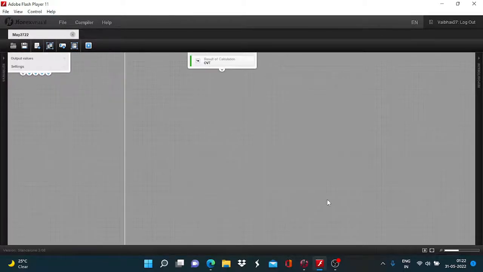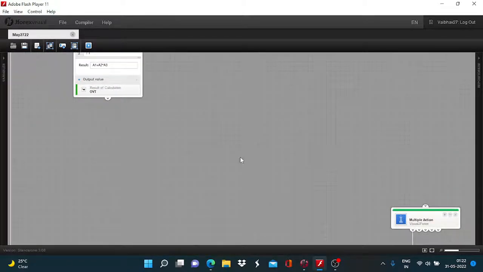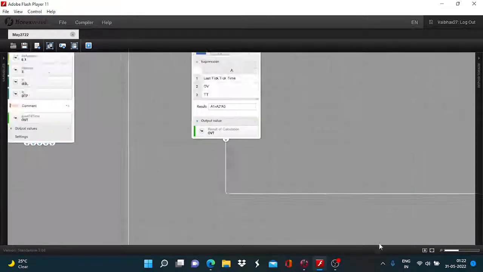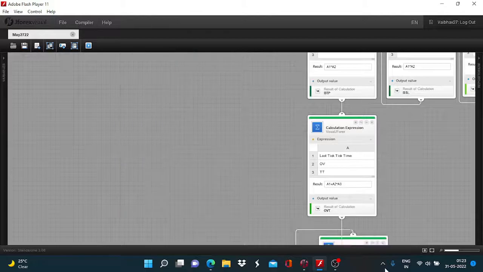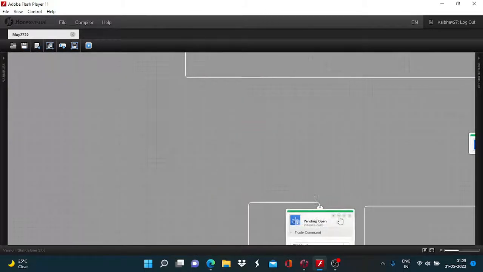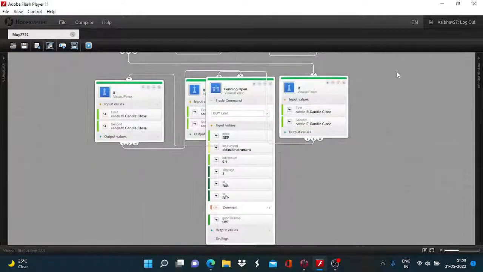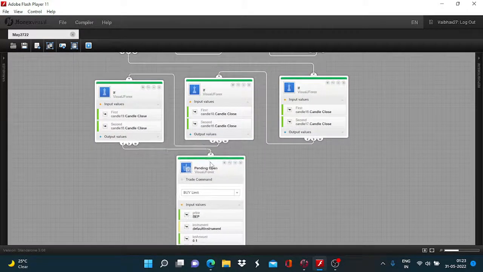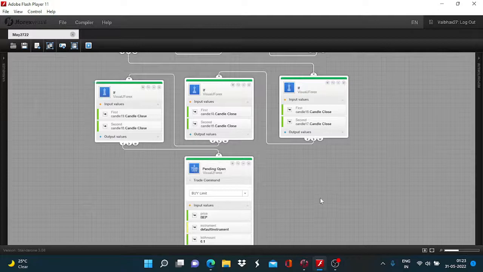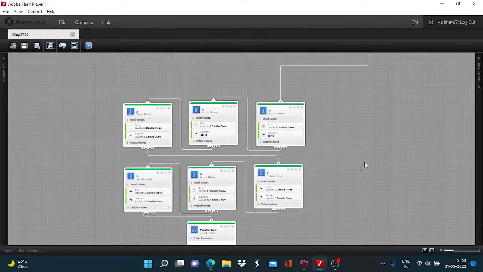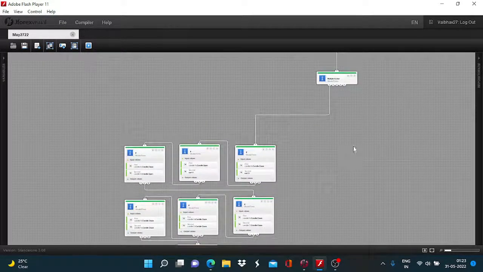Now I will have to join it on the lower side to the multiple action, and get this on the lower side along the cluster of the conditions of the execution of the buy trade. So this is it from my side for today's session.